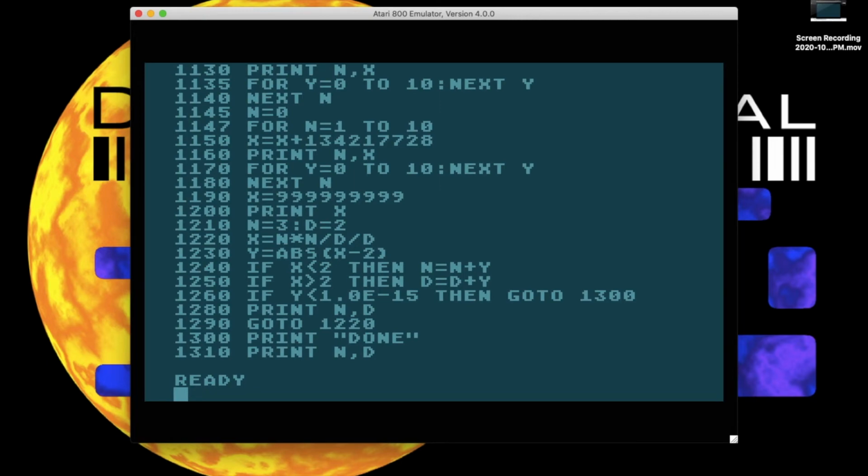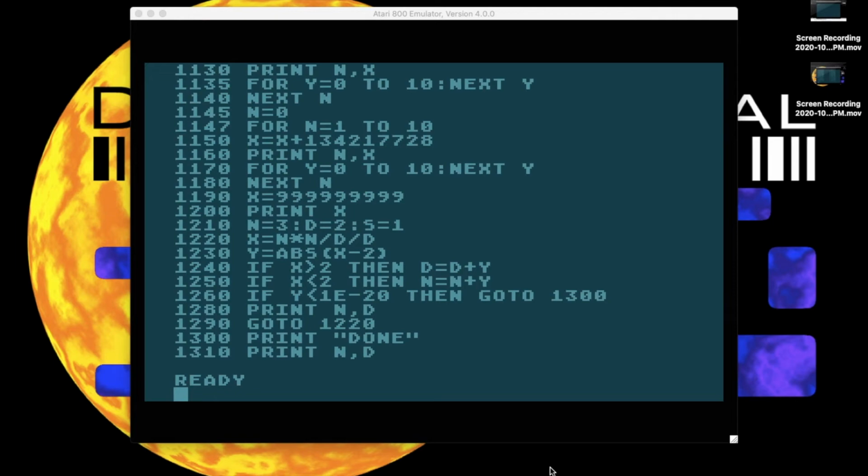So the epsilon gets smaller and smaller, but the numerator and denominator stay relatively the same. So we have to somehow put it on the scale of the epsilon and crank it up into an integer.